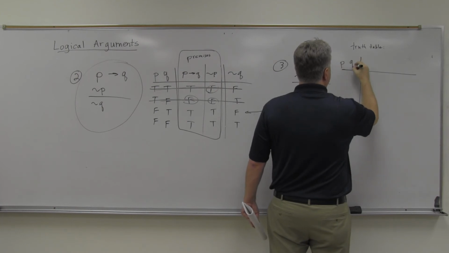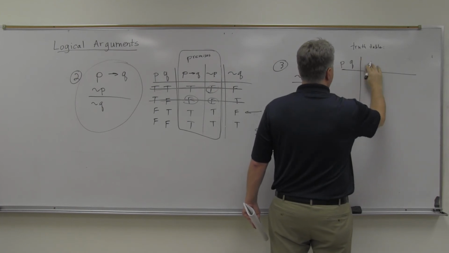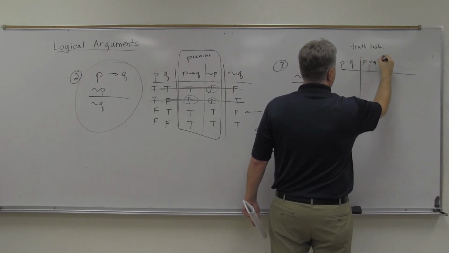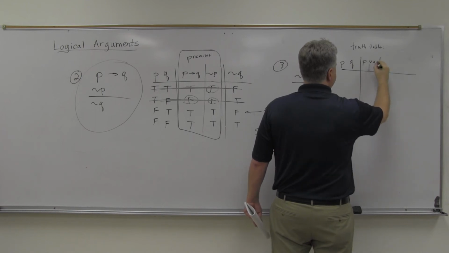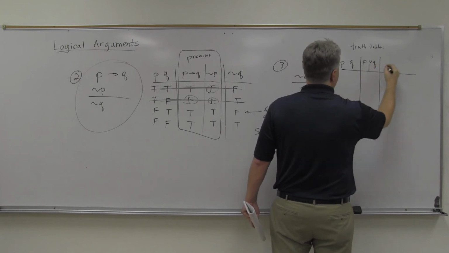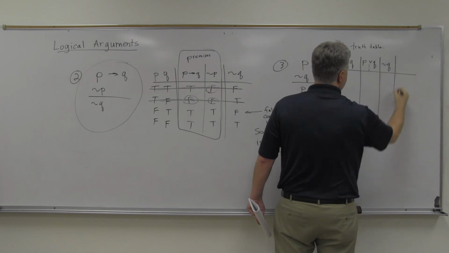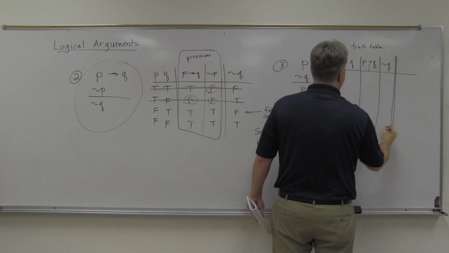So you got P's and Q's, P or Q here, first premise. Then I've got not Q, second premise. And then my conclusion is P.